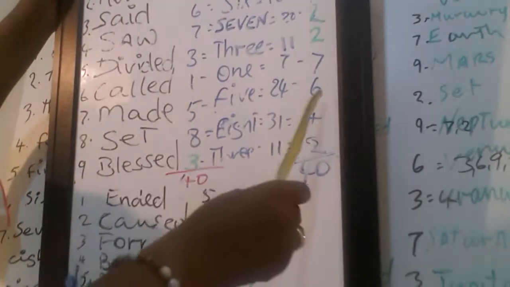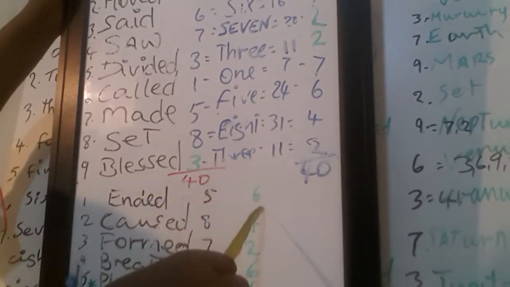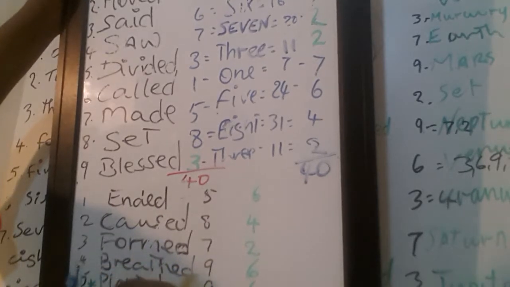It would mean the moved God has the 6 vibration here, and the made God. The moved God and the made God both have a numerical value of 5. And of course the ended God also, and the breathed God and the planted God.